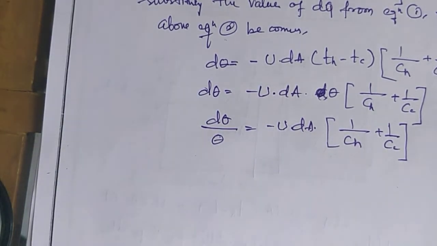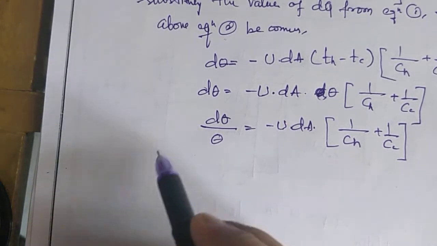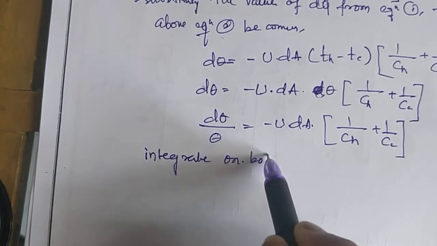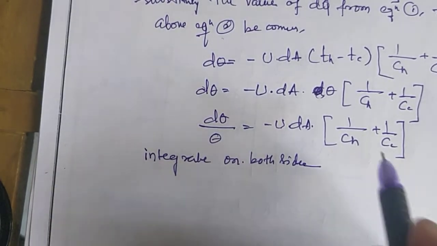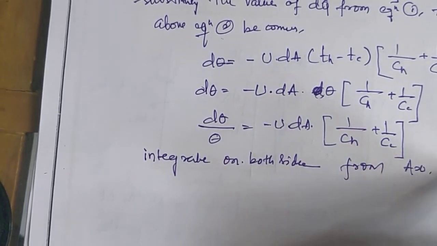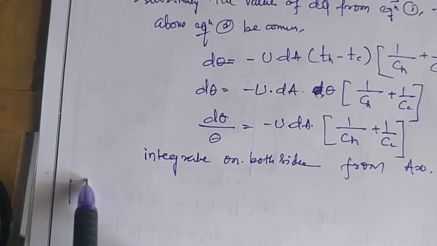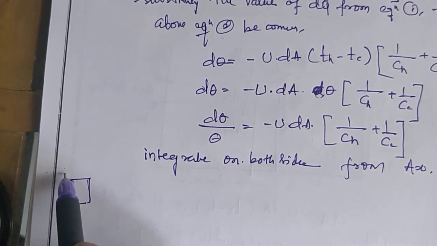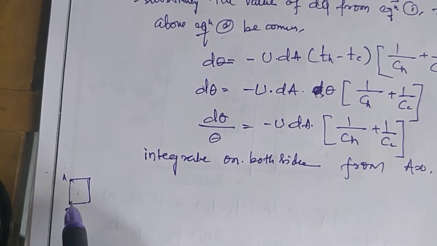So now, to get the overall heat exchange throughout the arrangement of this system, we have to integrate on both sides from area 0 to area A. If you want to calculate only at this point, this is dA.